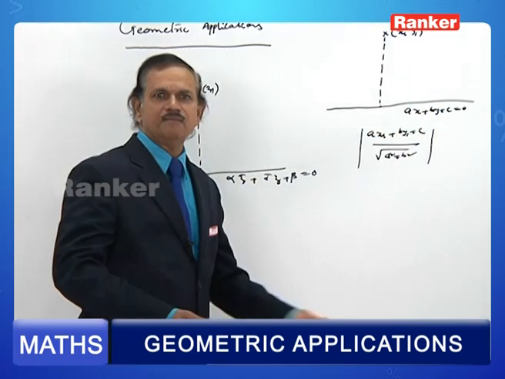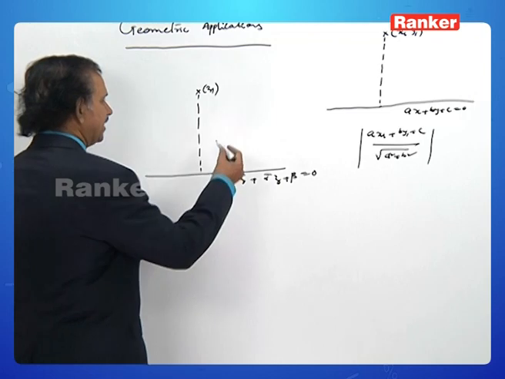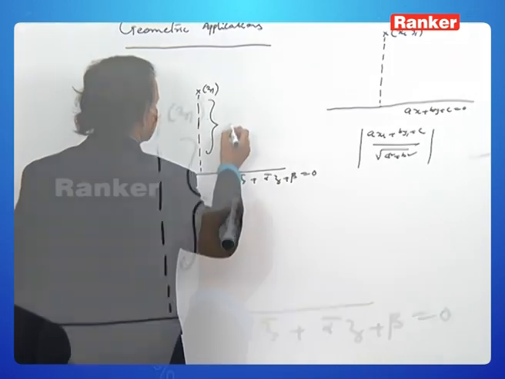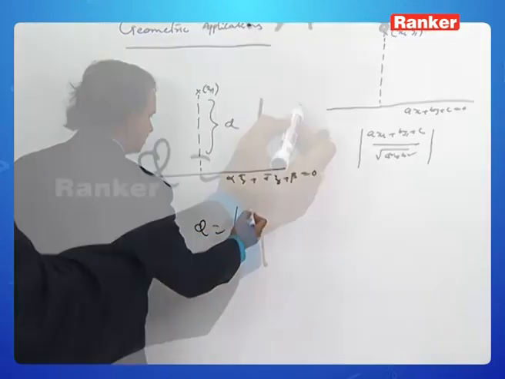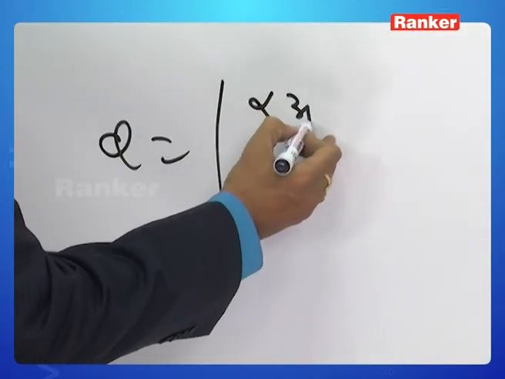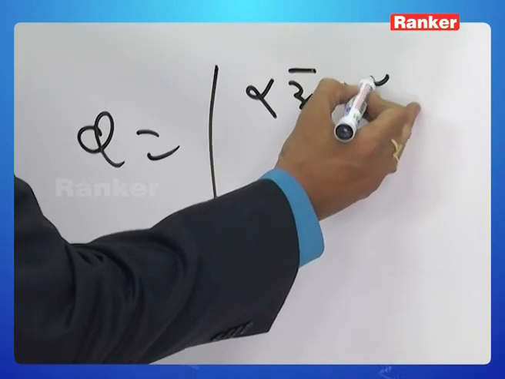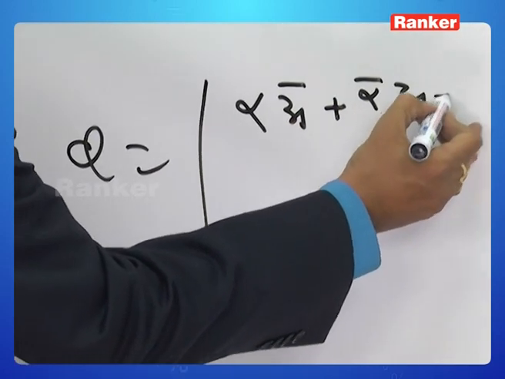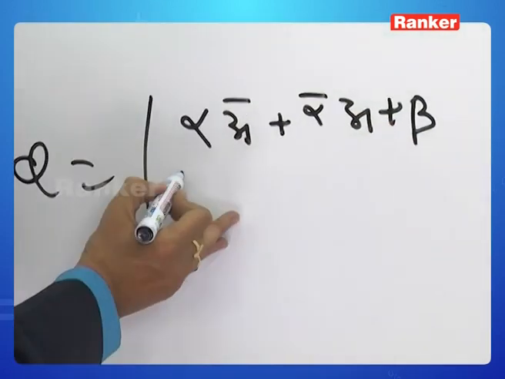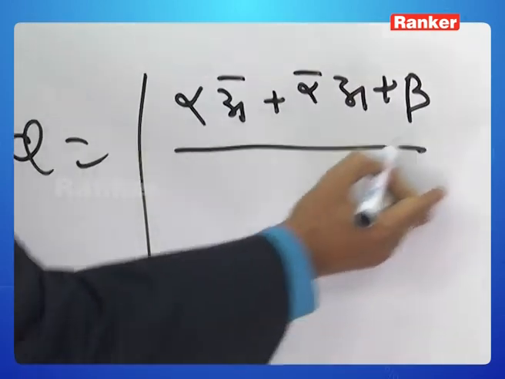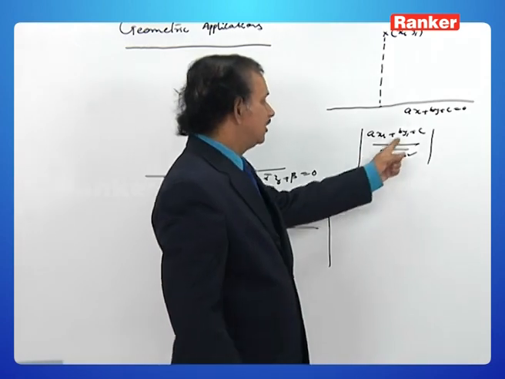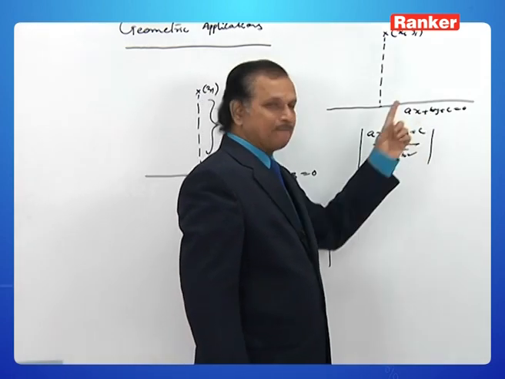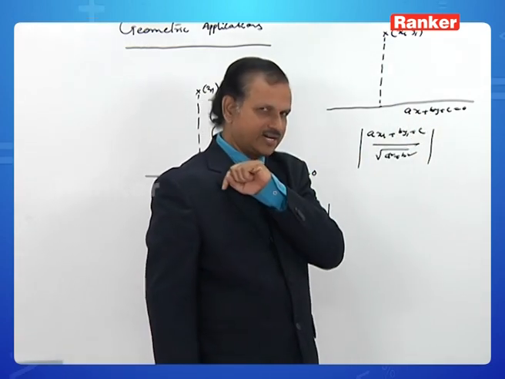Here, same thing we get. Let me call this distance d. d = |α z̄1 + ᾱ z1 + β| divided by, let us stop there. Here it is √(a² + b²), isn't it?